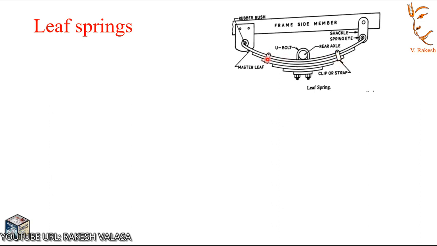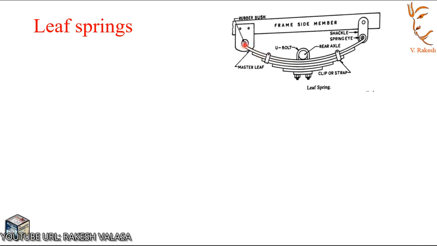The length of each succeeding leaf is shorter than the preceding one, and the complete assembly acts as a flexible beam. The center of this arc-shaped spring is usually attached to the axle of the vehicle. It supports the vehicle, while the ends of the springs are attached to the frame itself.